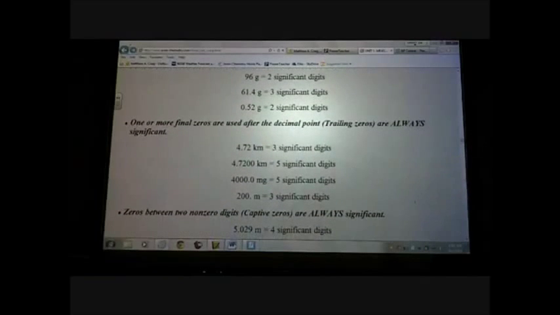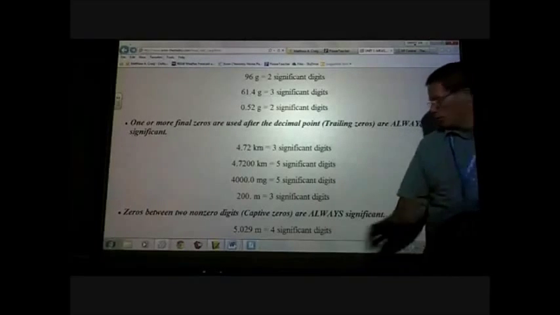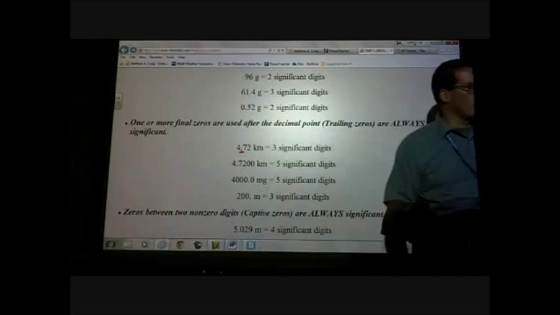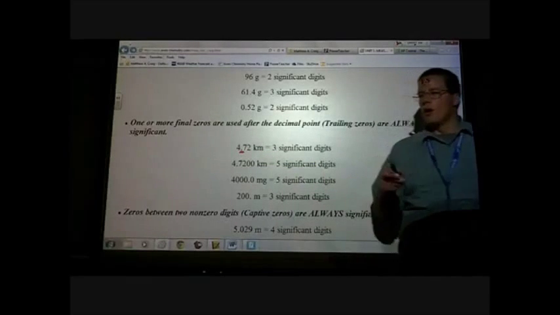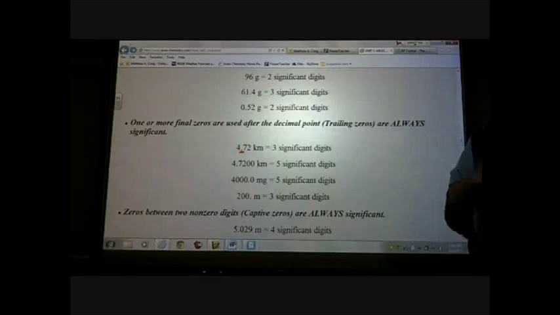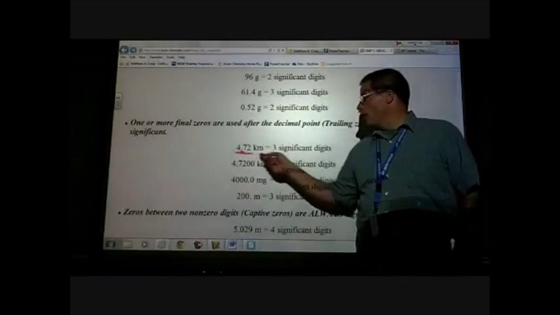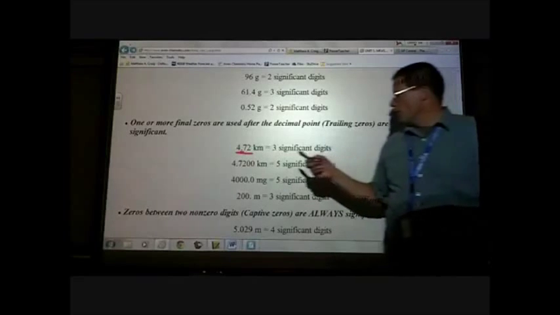Anything that is following a decimal point, and there are trailing zeros, they're always significant. So in other words, what you want to do is look for the decimal and then ask yourself, is there a non-zero number before my first zero? And this is where it really gets fun and confusing. Since these are all non-zero numbers, you have 3 sig figs.